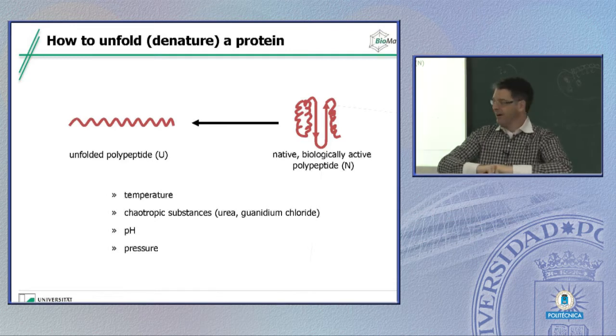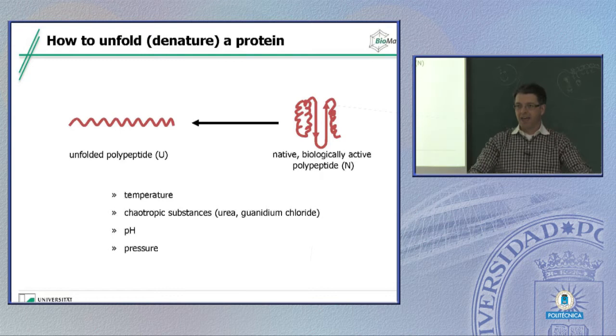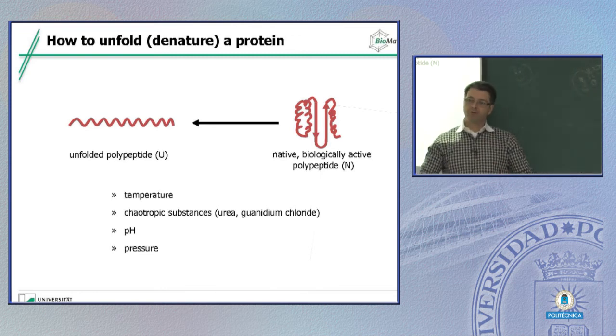So if you can cool down a solution to -10, -15 degrees centigrade, most of the hydrophobic interactions are so loose that they are no longer stabilized. And therefore, they don't care anymore if they interact with the solvent or not. So you denature the proteins.